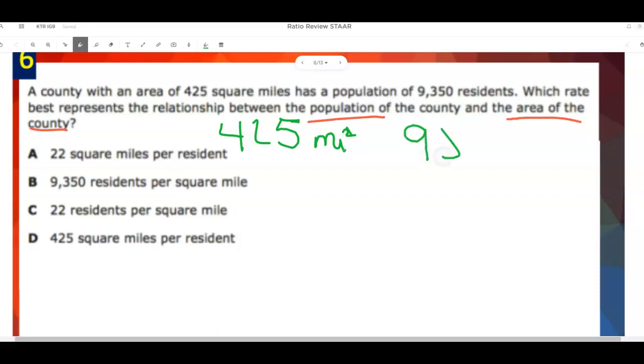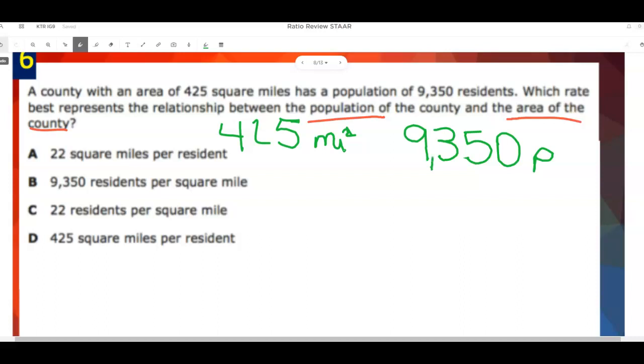It's kind of laggy. I made it a 3. Gotta go extra slow. 350. I'm just gonna put P for people. Alright.